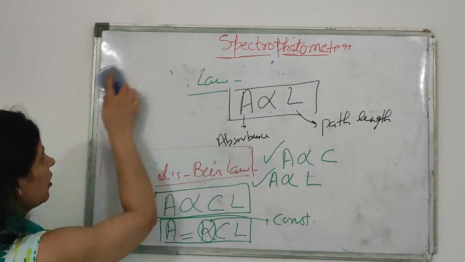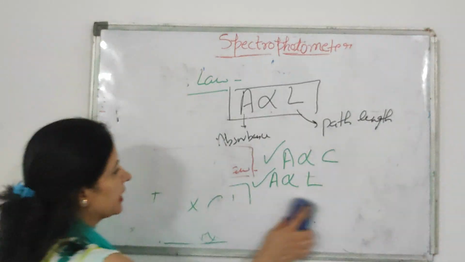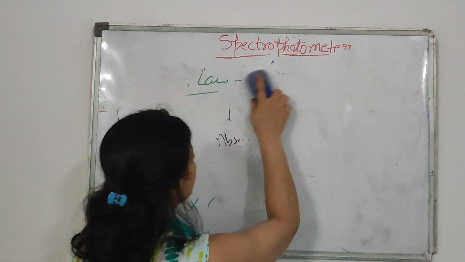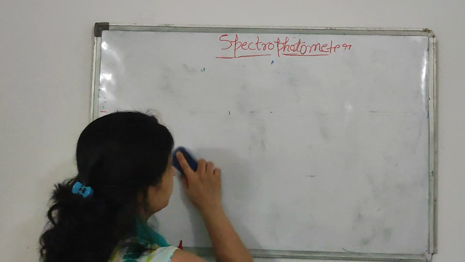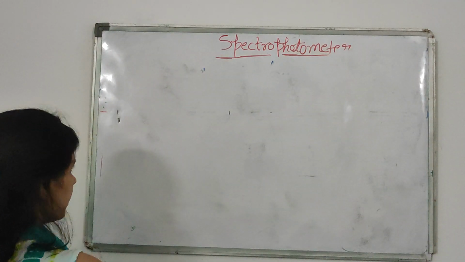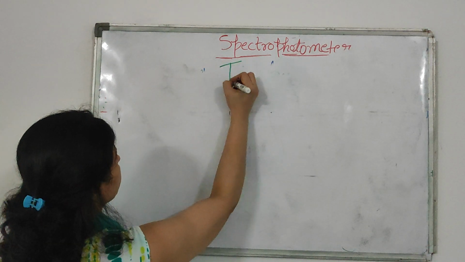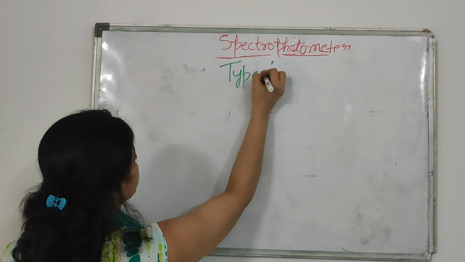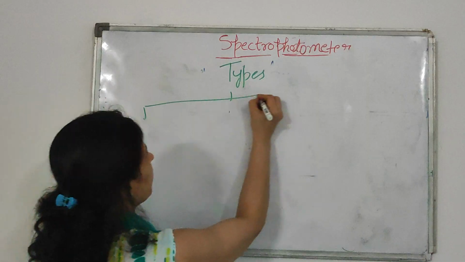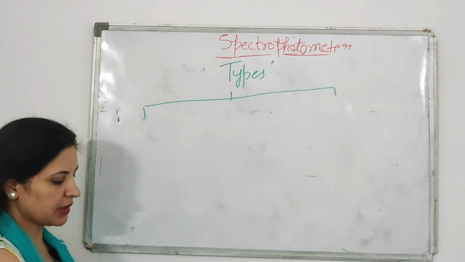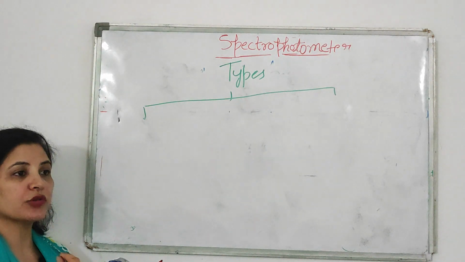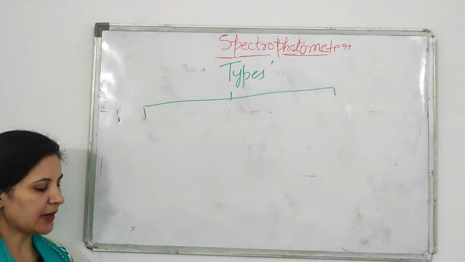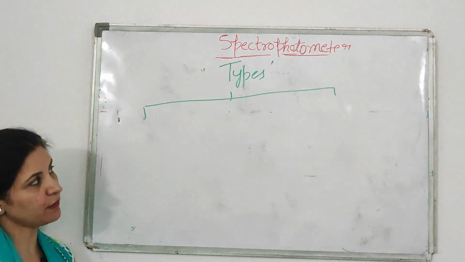Now, what are the types of spectrophotometer? On the basis of the beam, whether you are using a single beam or a double beam, the spectrophotometer is of two types.